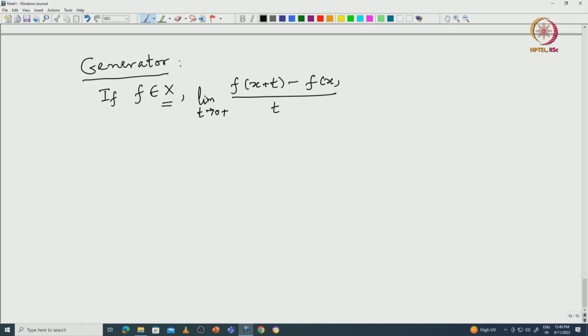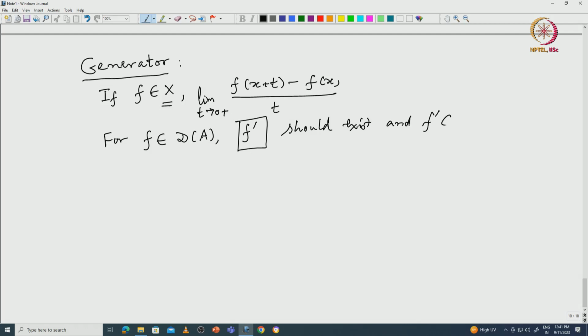But that already gives us a clue that for f to be in D(A), this f prime, let me just write here, should exist and f prime should belong to again X, then only you can define that. Okay.